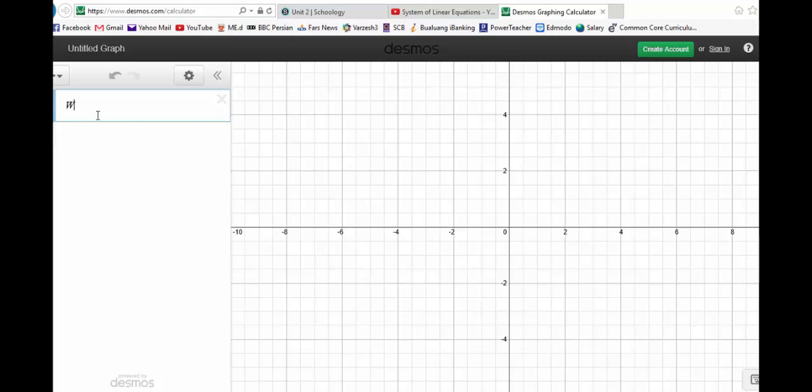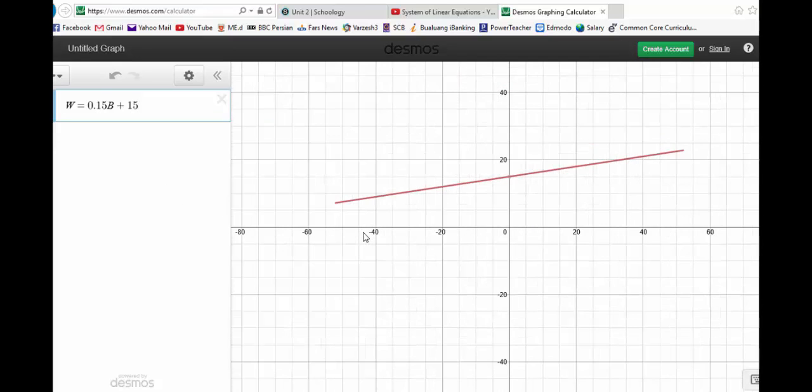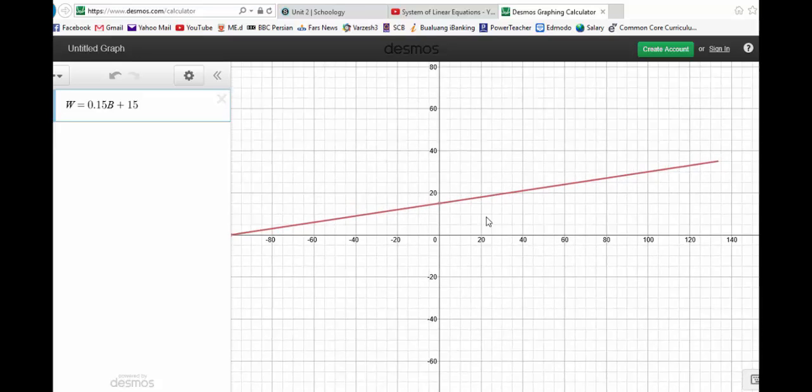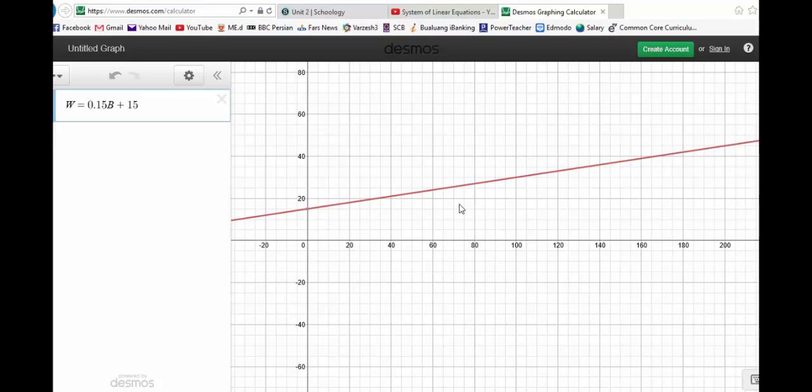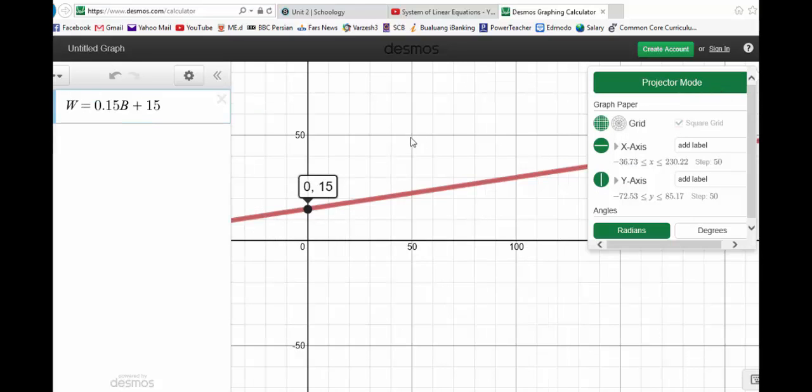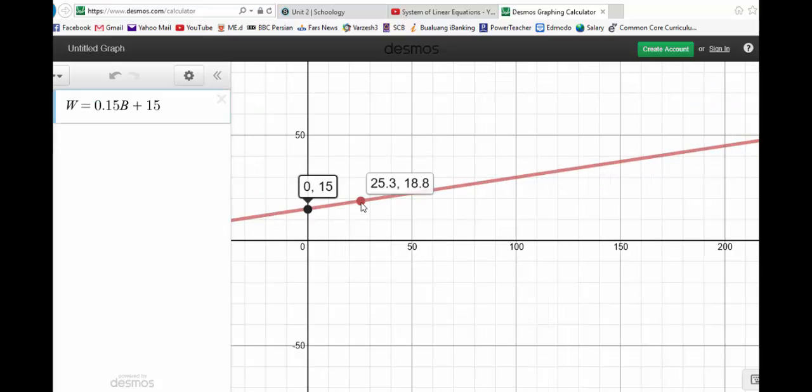So W is 15% of bill plus $15. So you can see that is her function. Starting value is 15, and let me change this to projector mode so you can see it better. You can predict any combination of the amount of bill, you can find it here.